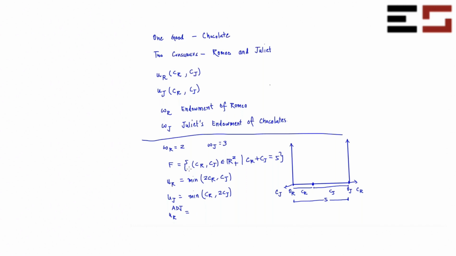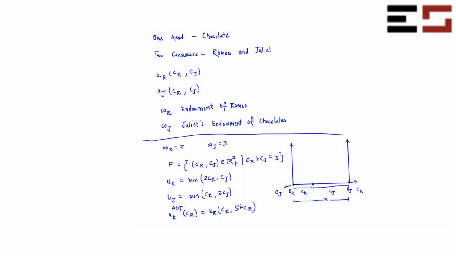What is UR adjusted? UR adjusted is just a function of CR, one variable, which is Romeo's consumption of chocolate. How is it dependent on Romeo's utility function? You have replaced CJ by 5 minus CR, because when we are talking about feasible allocations, CJ must be exactly equal to 5 minus CR.